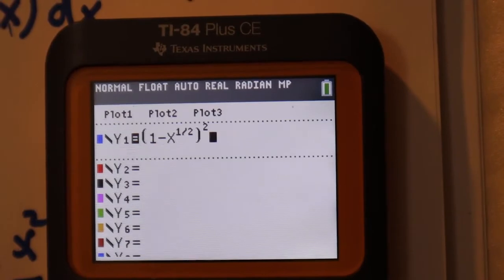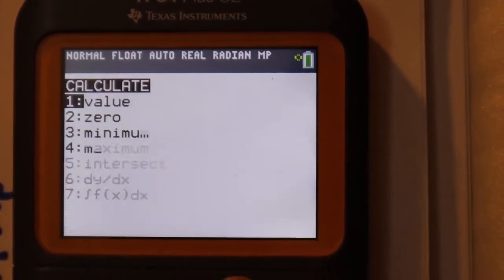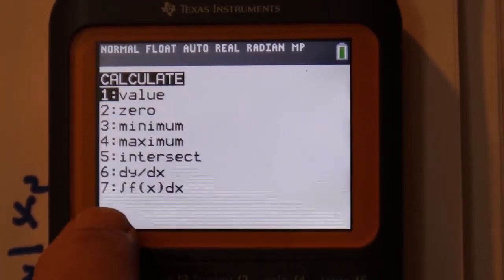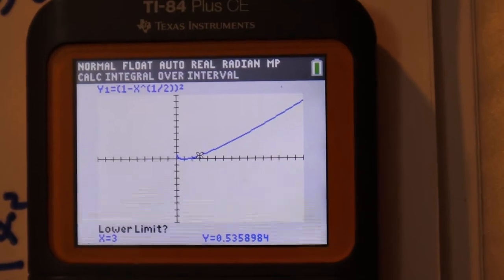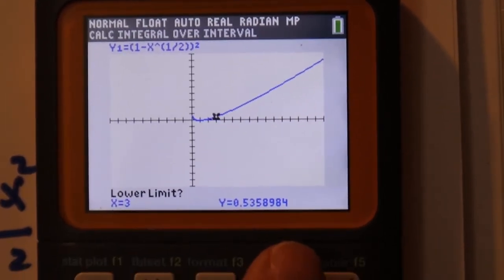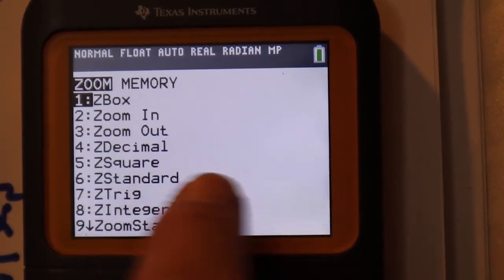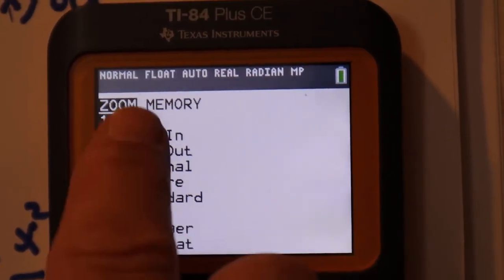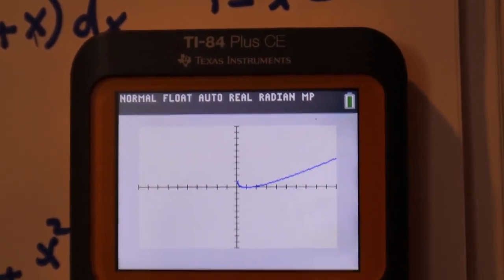And then when you do the graph, you do second trace, and you scroll down to 7 or press 7 to find the integral. The function will be graphed. Looks like it's in a proper window, but make sure that we are in standard. So press zoom and press 6 for standard, then we graph the function.